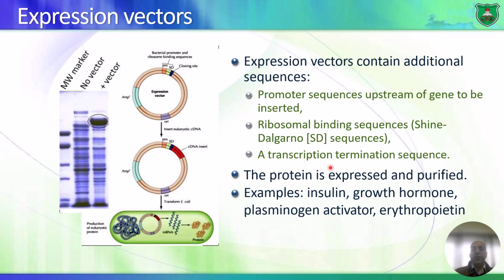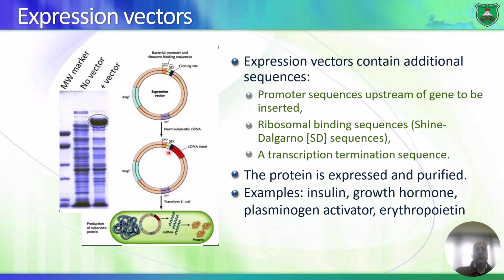I'm not talking about that. We need a transcription termination sequence so that the RNA polymerase that synthesizes the messenger RNA knows that it has to stop mRNA synthesis right there. So we can clone the human gene right downstream of the promoter.